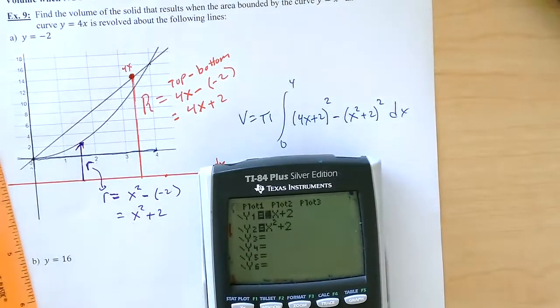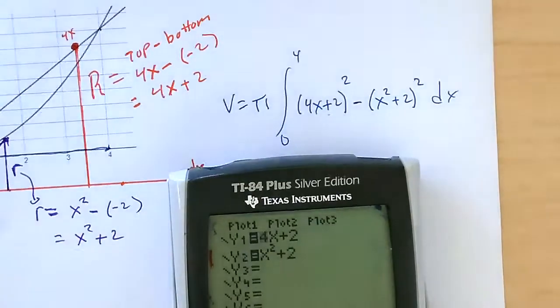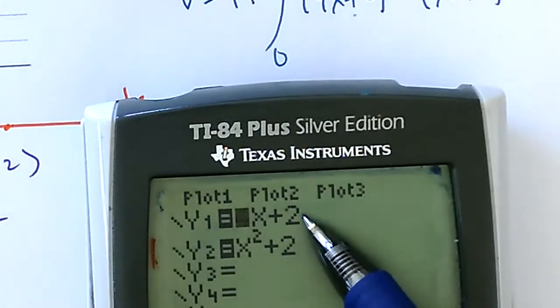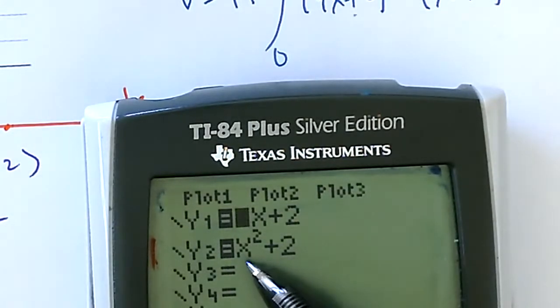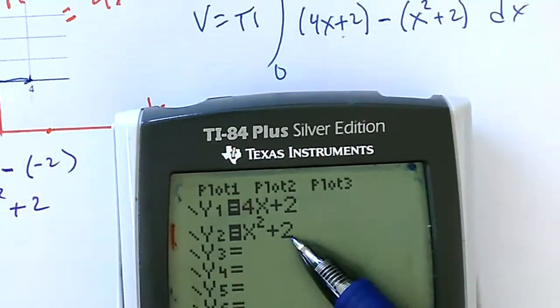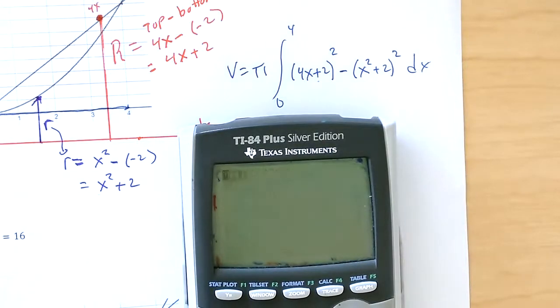What I want you to do in the calculator is I'm going to enter that 4x plus 2, that was the big R, x squared plus 2, that was the little r. And so when I do that, when I go to math 9 is the integral. Let me kind of start again. I want to get that pi in there first. So let me go second pi. And then I'll do math 9.